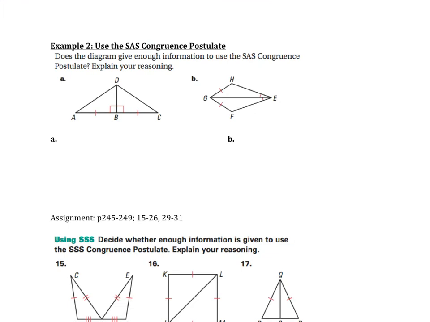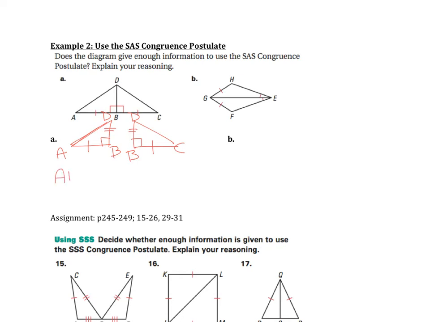So the first thing we want to do is mark our overlap or split this into 2 separate triangles, marking what's given. And DB is congruent to itself. So I can mark that as a common side.